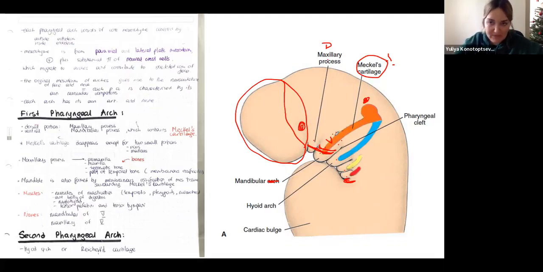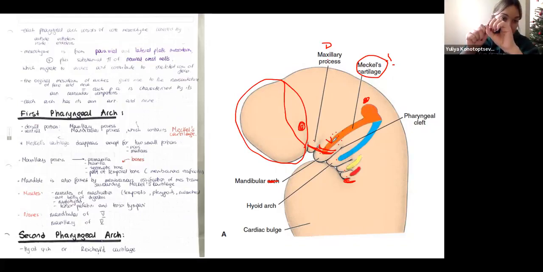As this happens, Meckel's cartilage starts to degenerate. And the more it degenerates, the more space for the osteoblasts to make osteoid appears. So think about it this way. You had the Meckel's cartilage here, right? Osteoblasts are around it, trying to make a bone like this. But then Meckel's cartilage starts to disappear.